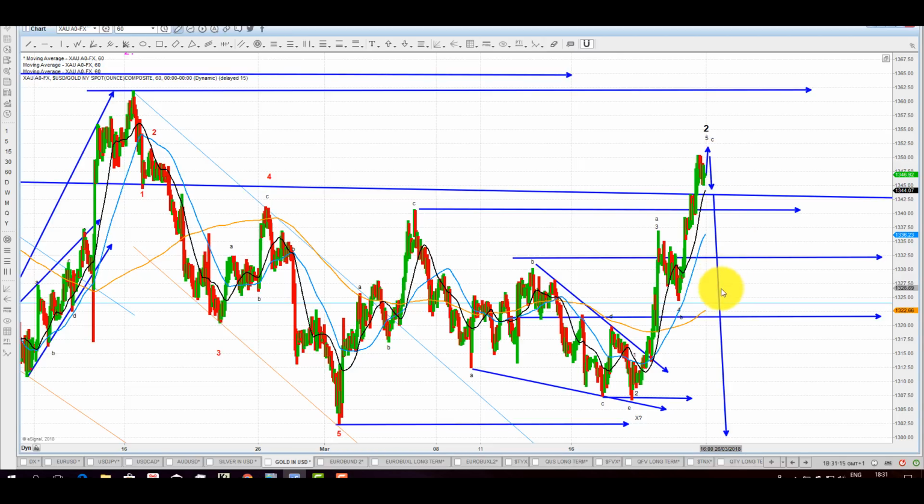It's now reversing, it's looking down, breaking under 1321. I think start preparing for a potential break of 1302. Once 1302 is gone, I think we can settle into a pretty bearish wave count that will see gold breaking down by quite a bit, a big chunk.